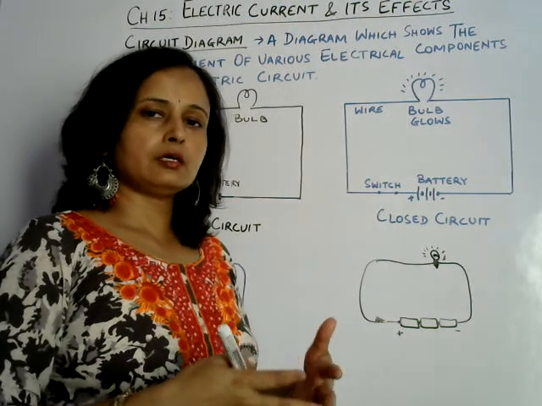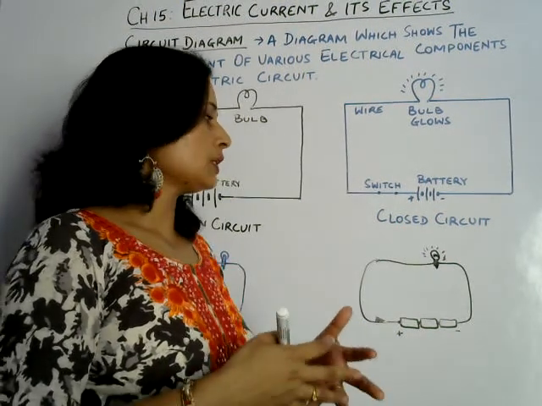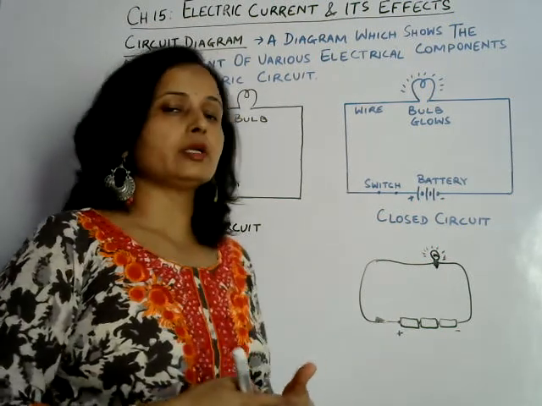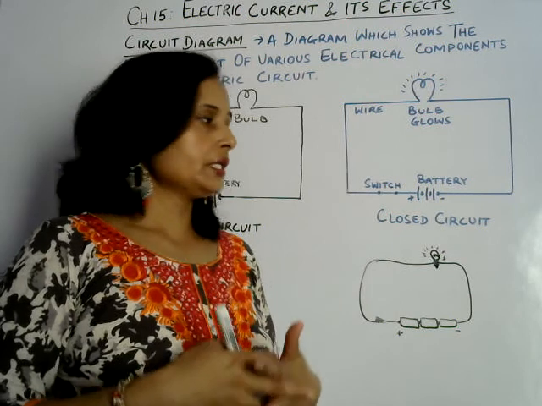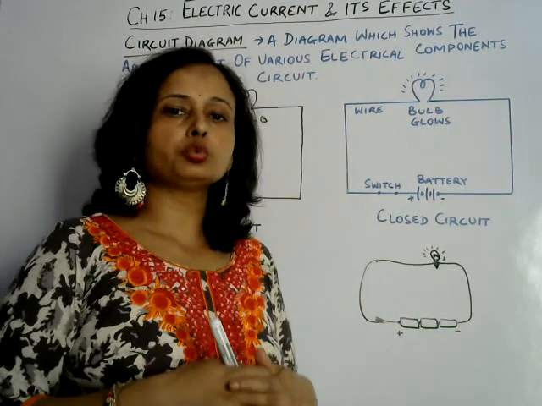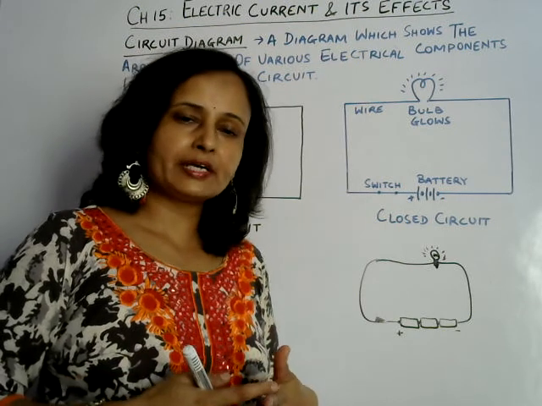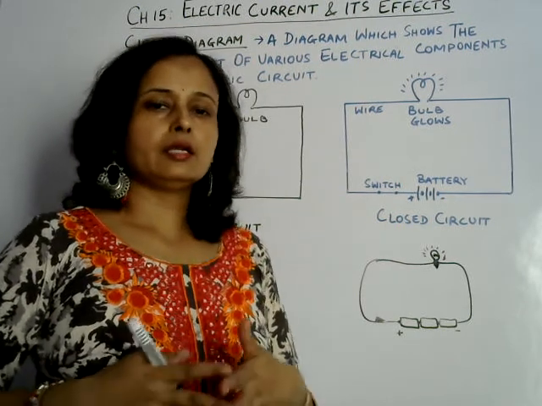Current, due to the flow of charges, the bulb will glow. So what is this all about? This all is about the potential difference between the two terminals of a cell. The positive terminal has more potential than the negative terminal.